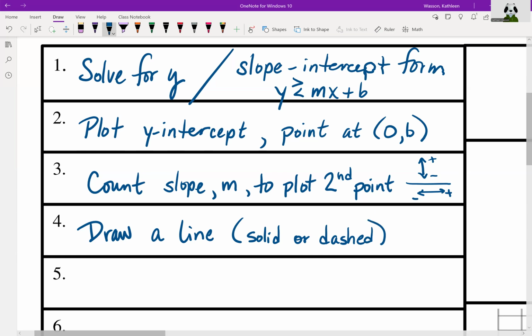For an inequality, your solutions will be maybe the line, maybe not including the line, depending on if we're solid or dashed, and then everything that's above that line or below that line.